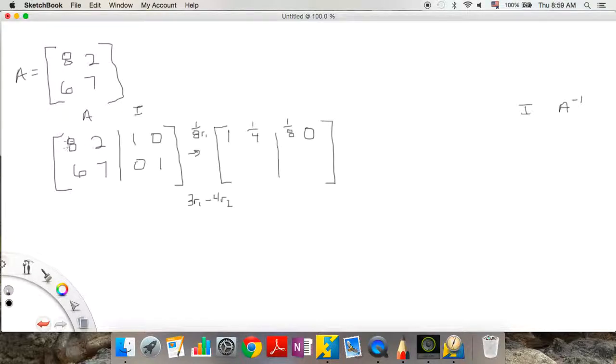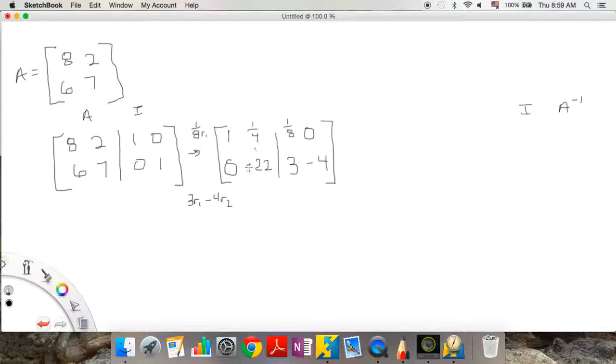So that's 24 minus 24 is 0. And then 6 minus 28 is -22. And then 3 minus 0 is 3. And 0 minus 4 is -4. So we've got our 0 here, and we've got our 1 here.